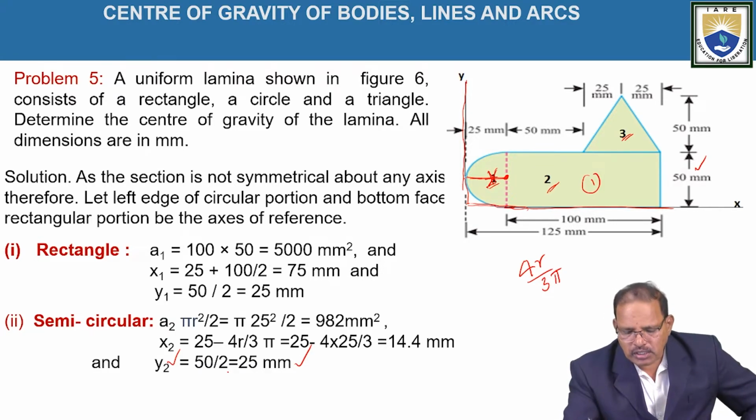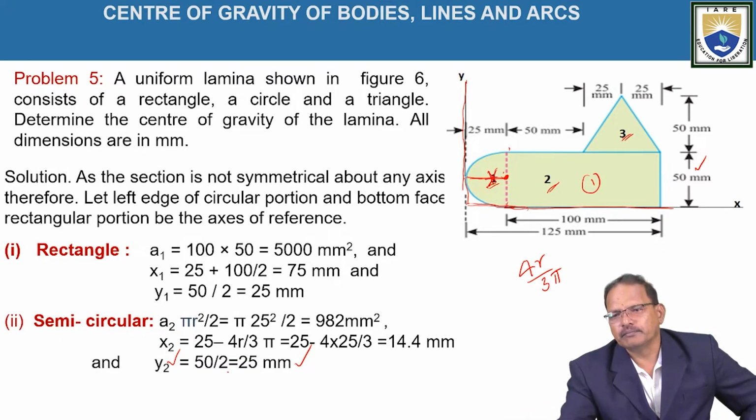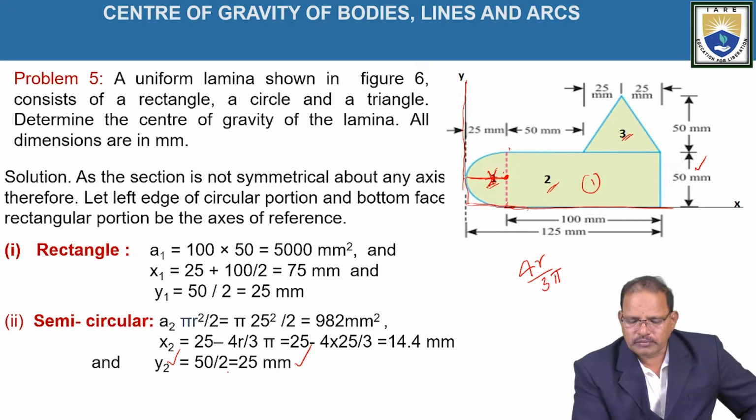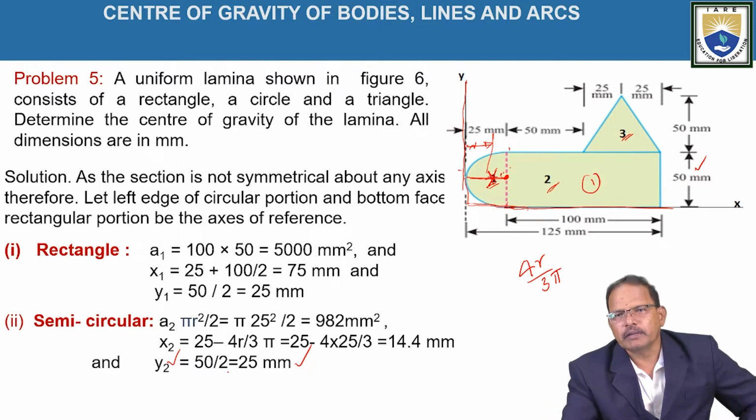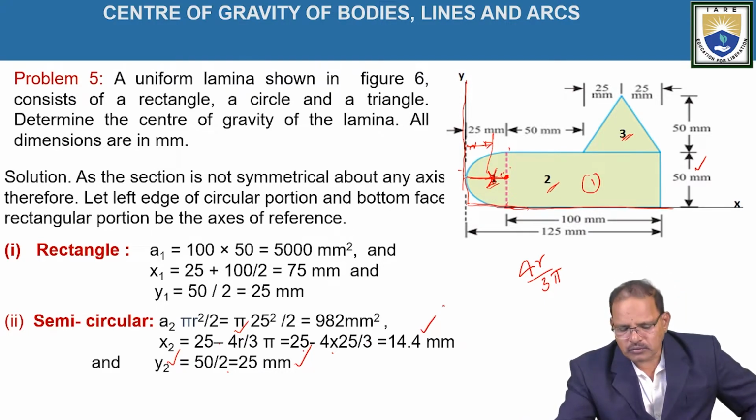Here we are measuring the distance with respect to the y-axis, so it is 25 minus 4r by 3 pi, which is equal to 25 minus 4 into 25 by 3 pi, which is equal to 14.4 mm.